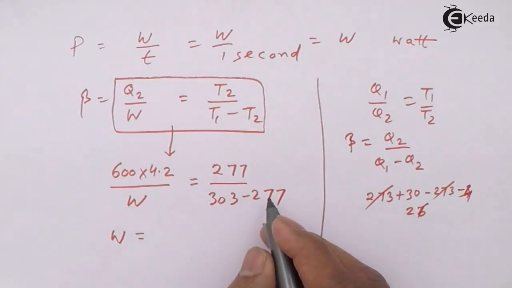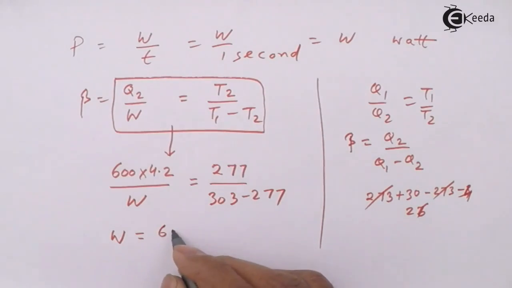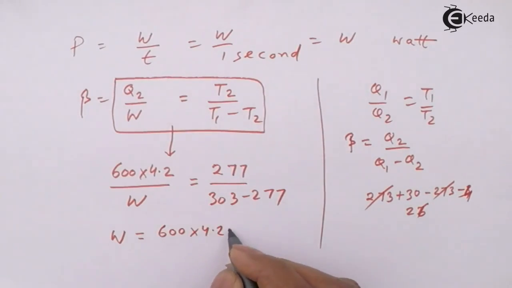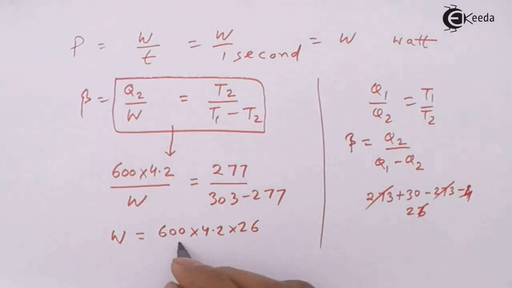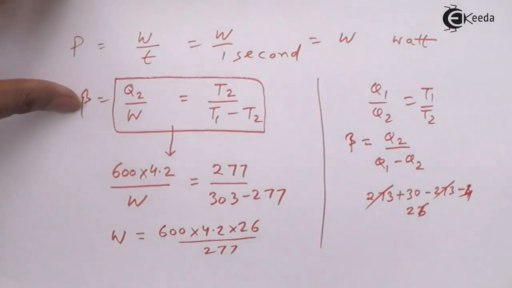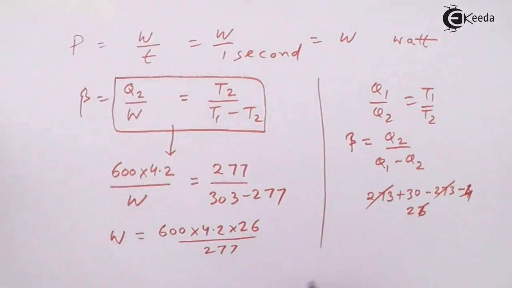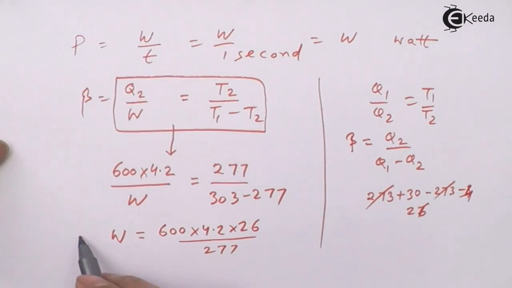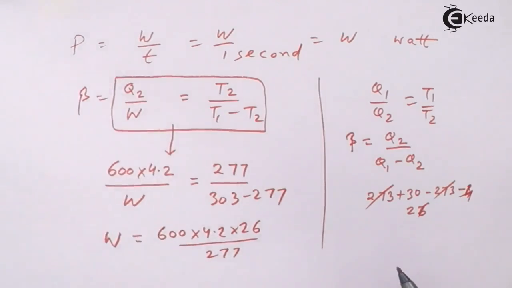W will be 600 into 4.2 into 26 divided by 277. This is the power per second that I'm getting.